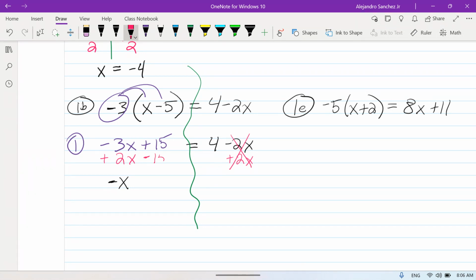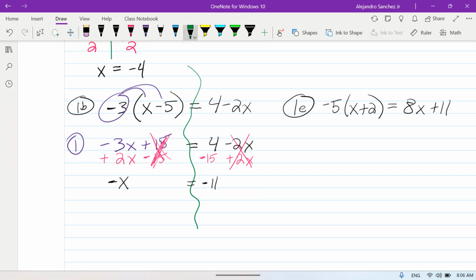And now we want to move the constant to the right side. So I'm going to cancel out this 15, because I committed to my x's being on the left side of the equal sign. So now I'm going to commit to my constants being on the right side. Canceling out 15 by subtracting 15, I have 4 minus 15, which is negative 11, right?